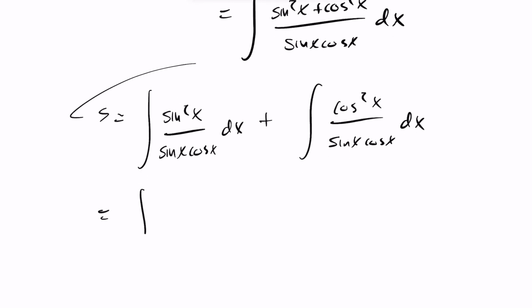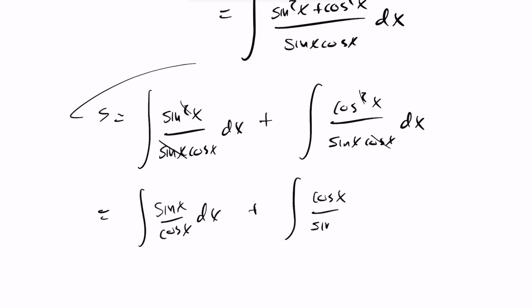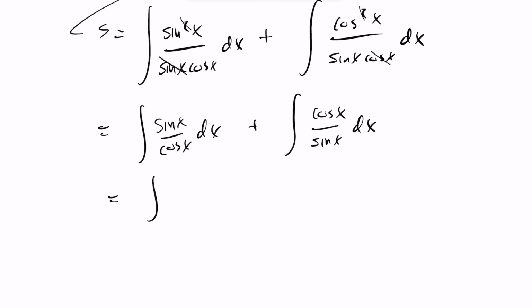We can simplify this: you're going to lose one of the sines here, and here I'll lose one of the cosines. So this will be the integral of sine x over cos x dx plus the integral of cos x over sine x dx, which is exactly equal to the integral of tan x dx plus the integral of cotangent x dx.